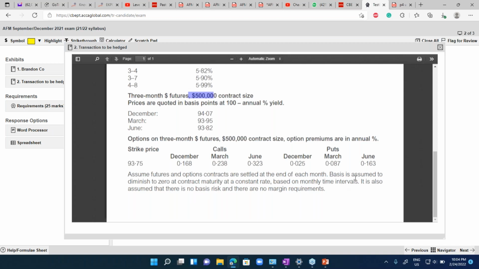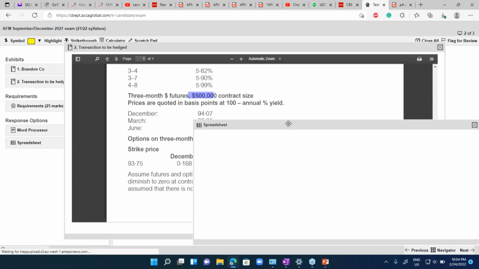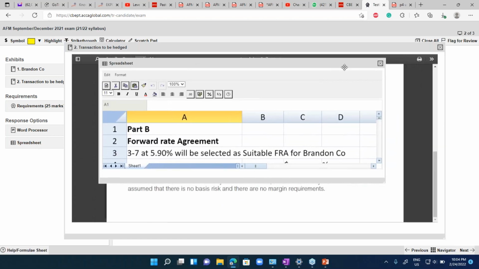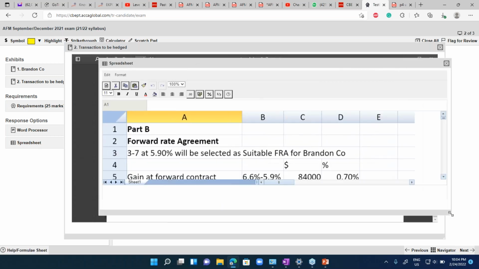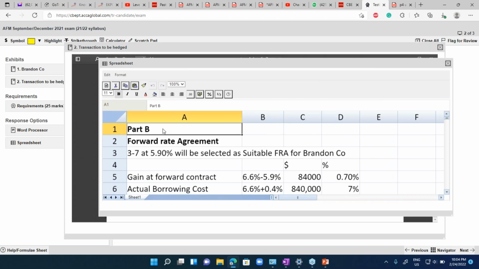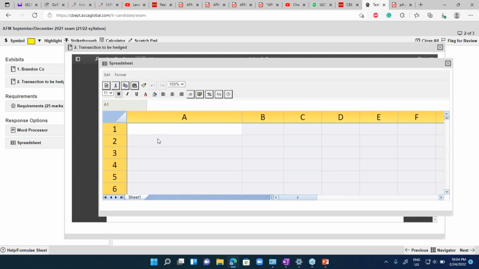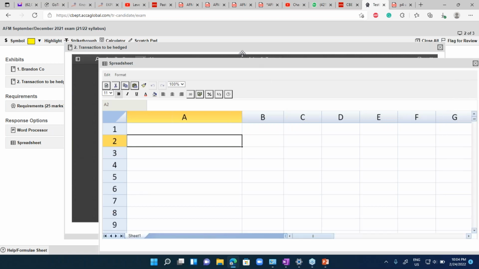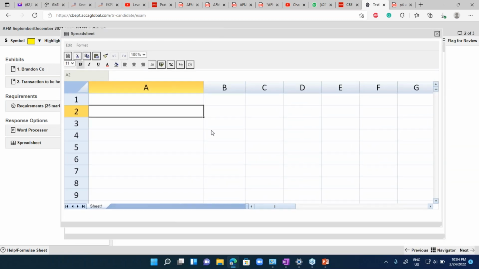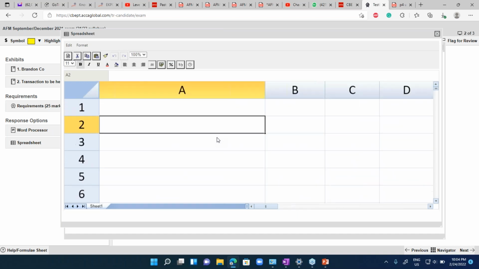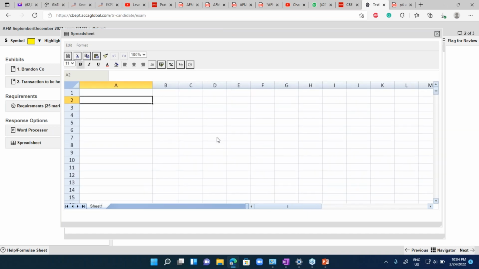So let's solve the future contract first.